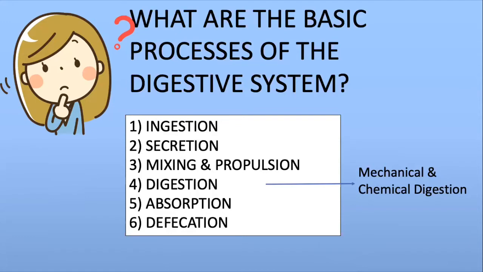For chemical digestion naman, it is when the proteins, carbohydrates, fats are broken down to smaller molecules through hydrolysis, in which enzymes produce the salivary glands. So from the production of the salivary glands, that is the start of the chemical digestion. And then when the proteins or carbohydrates and fats are broken down because of these salivary glands, that is still chemical digestion.